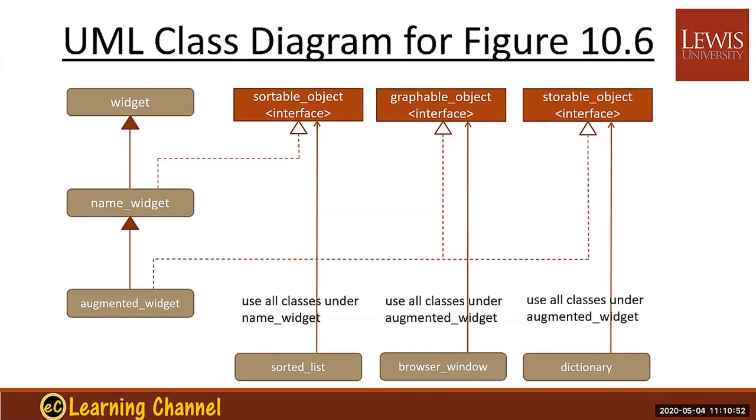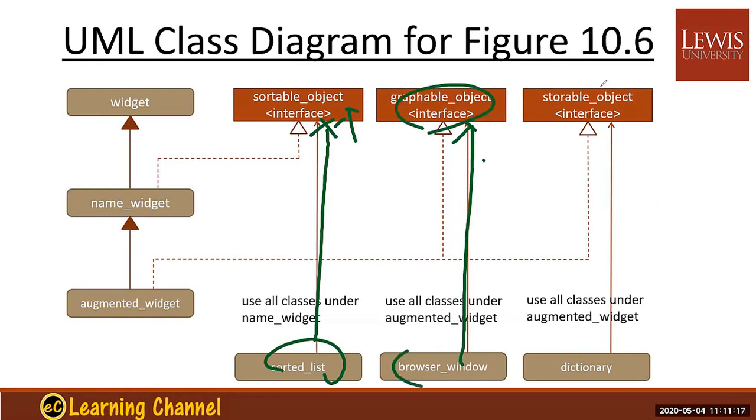And we have a sorted list that only operates on sortable objects. As I mentioned, this is called a use relationship. These functions use these objects. If you want to show it in the browser, the object must be graphable, otherwise your browser cannot do it.